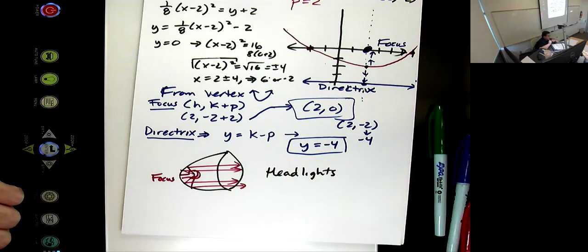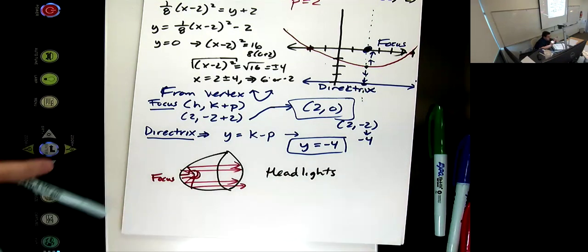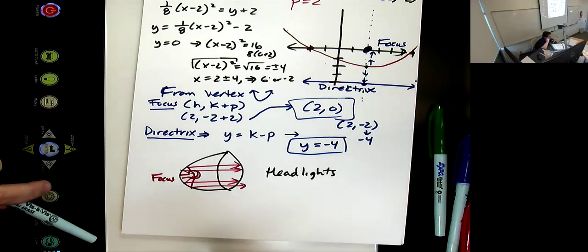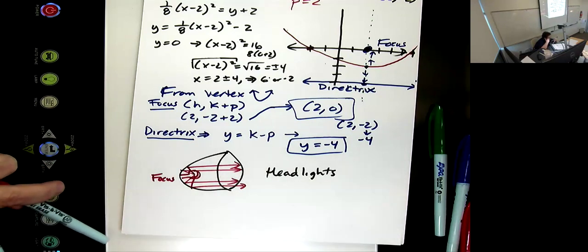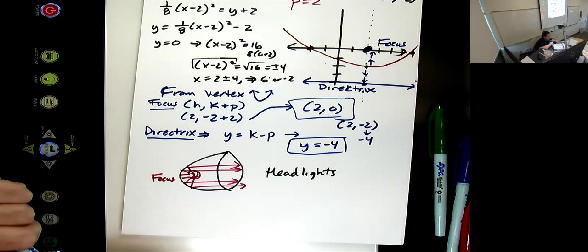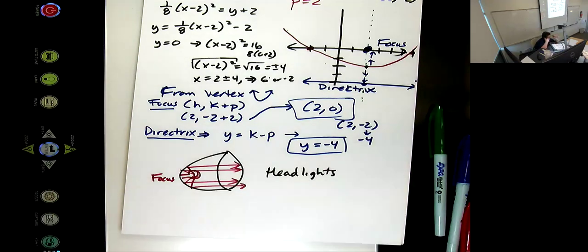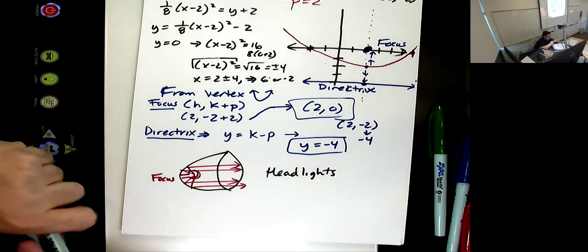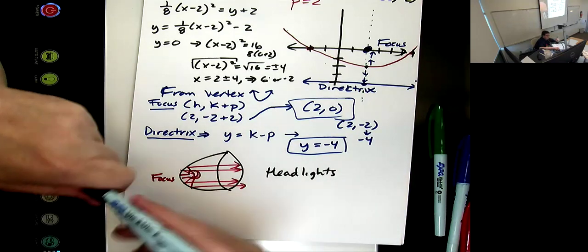Parabolas make that type of shape if you emit light from the focal point, the focus. If it's off a little, it doesn't do the same thing. It scatters differently. So that's headlights.